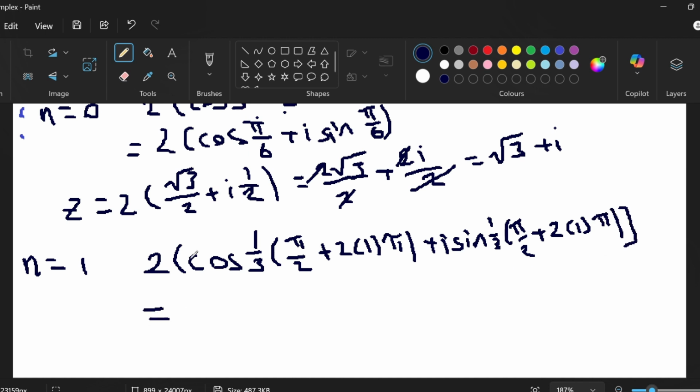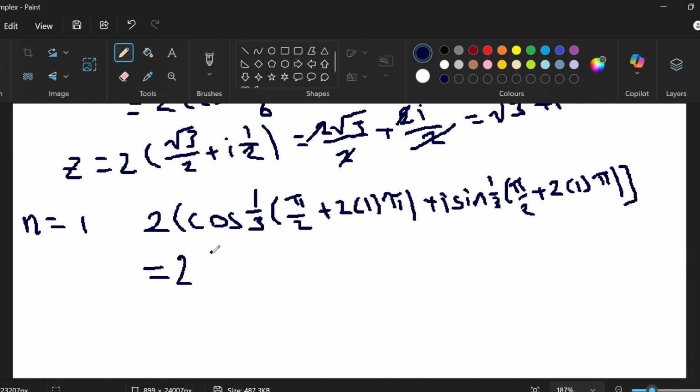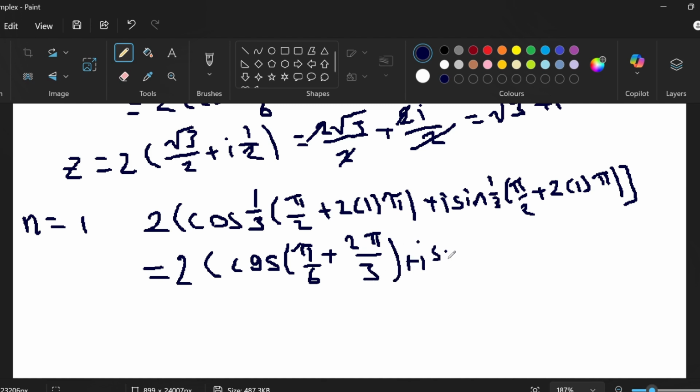Simplifies again as 2 times cosine of, if I distribute 1/3, I get pi over 6 plus 2 pi over 3, plus I sine pi over 6 plus 2 pi over 3.